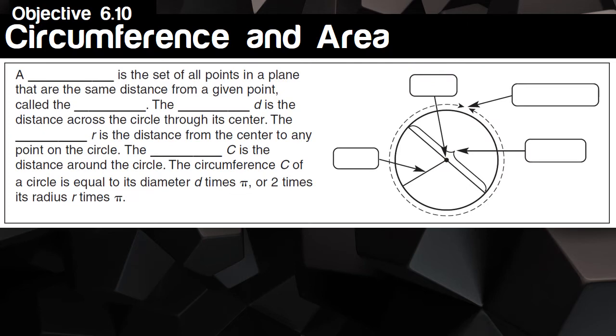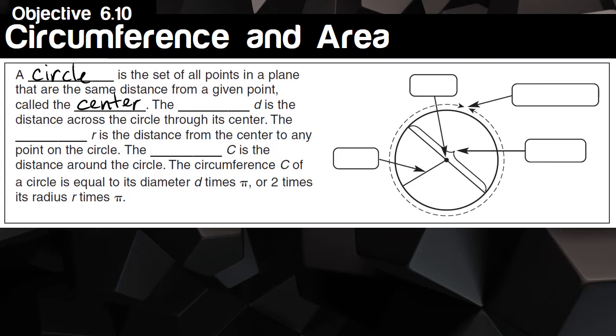So here we go. We've got some fill in the blanks here with our circle. A circle, the formal mathematical definition, is a set of all the points in a plane that are the same distance from a given point called the center. And you're like, wait a second, I've been drawing circles since first grade.